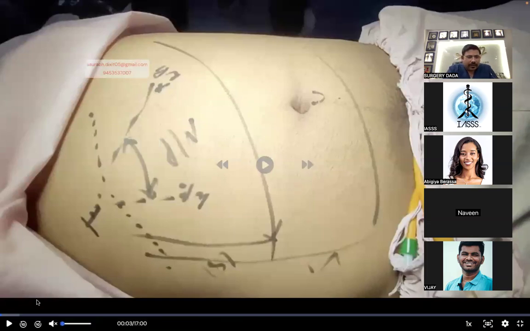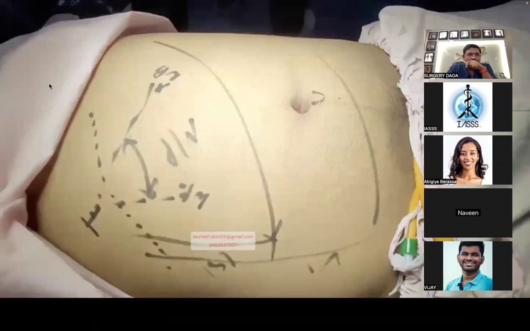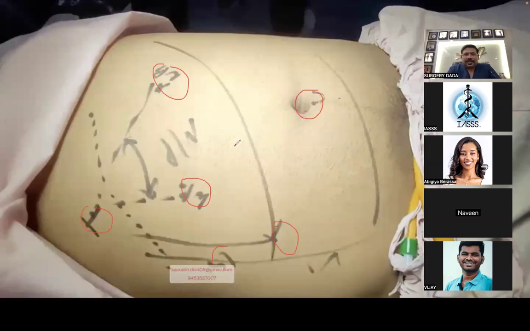So this is the camera port that I have. This is the target that I have. And these are the working ports that I have. This is very, very important. So this is working port number 1. This is working port number 2. And this is the traction port. So this is the classical port positioning that we have in this patient.